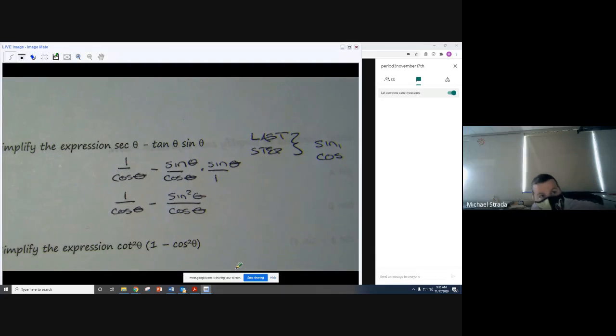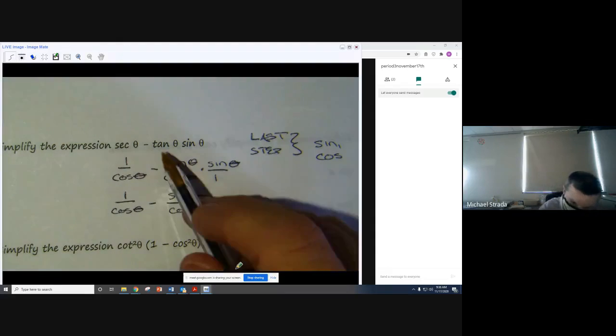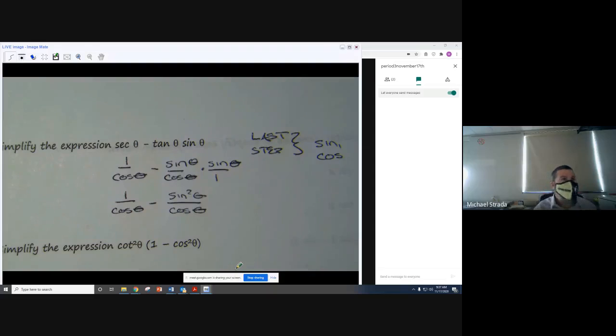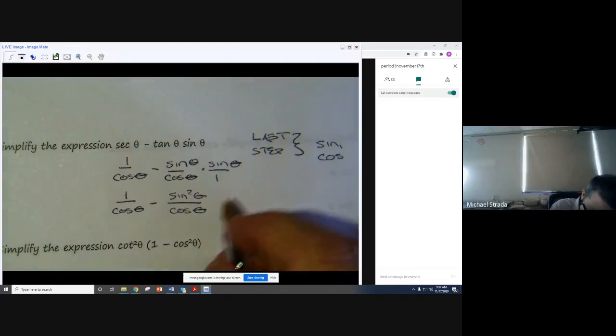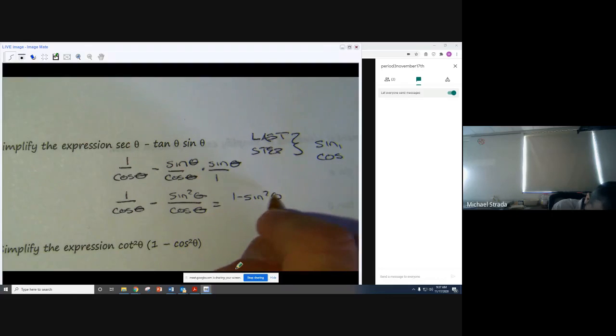How do you get sine squared? Sine times sine. The sine from the tangent and the sine from the original sine. Now you got fractions. So now your next step is a common denominator if it doesn't already have it. Does it already have a common denominator? Yes. So we rewrite it as a single 1 minus sine squared theta over cosine theta.